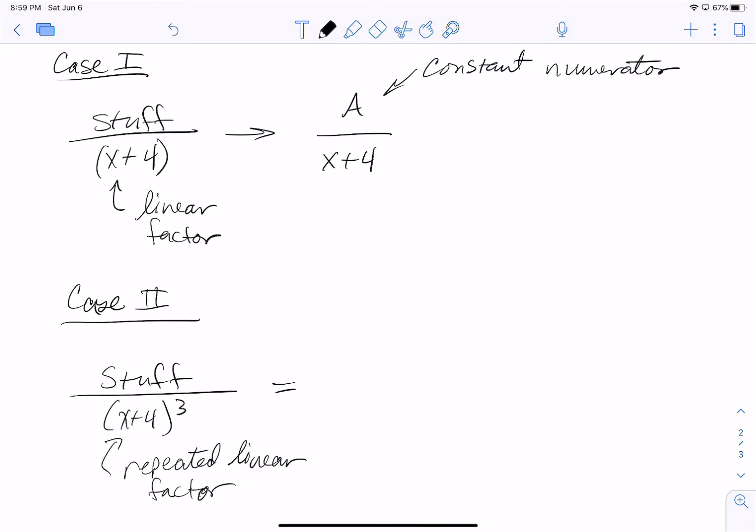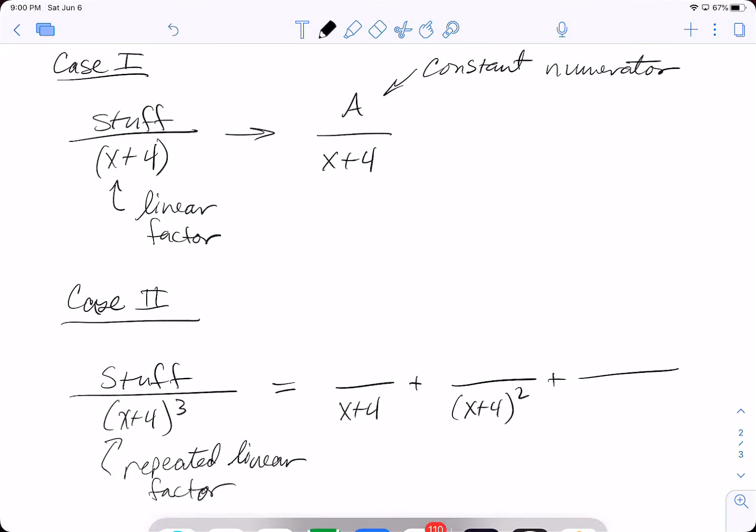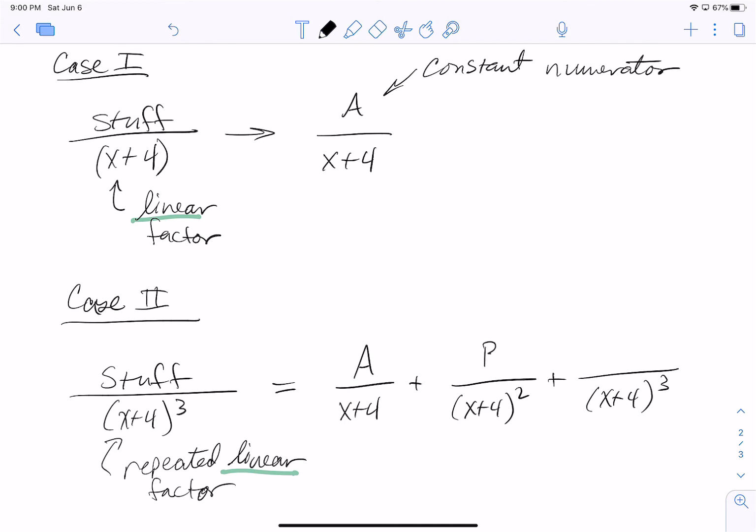With an exponent of 3, I would need to set up 3 fractions, one of which has a denominator of x plus 4, one has a denominator of x plus 4, the quantity squared, and one has a denominator of x plus 4, the quantity cubed. Because the denominator has a repeated linear factor, our numerators should again be constants. And so my constant numerators will be a, b, and c.